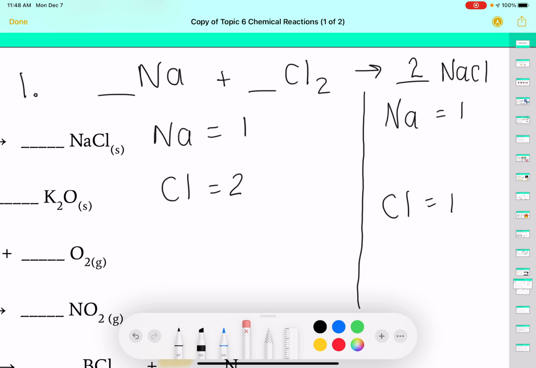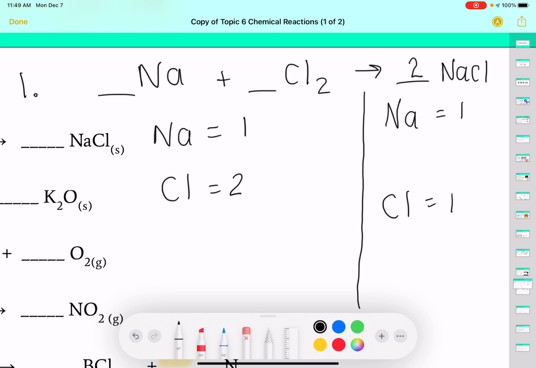Get rid of those. It tells us that I've got 2 NAs, but it also tells me I've got 2 CLs. So this number in front tells how many we have of everything behind it. That 2 is like multiplying all of the elements that we have there.